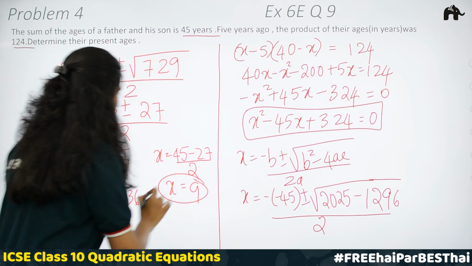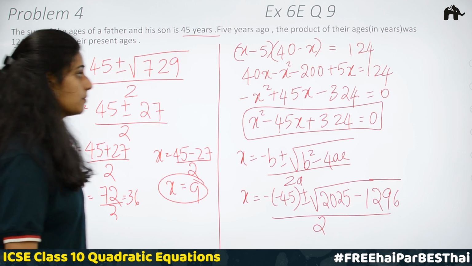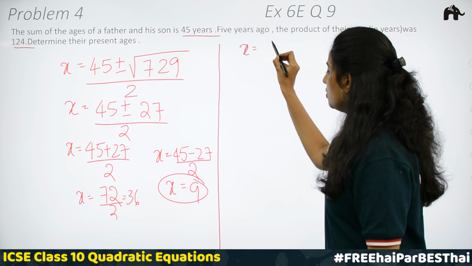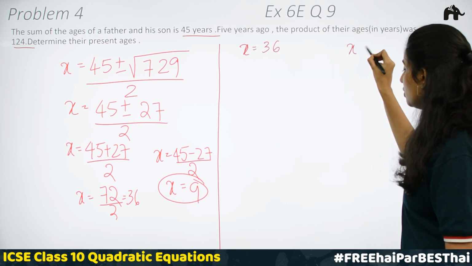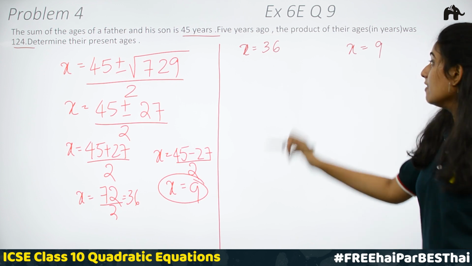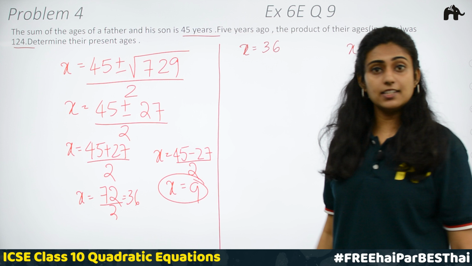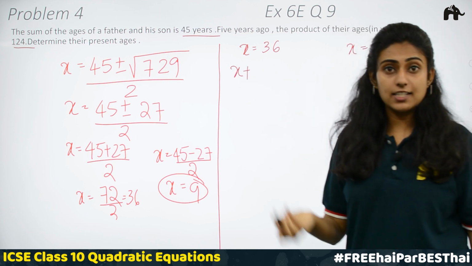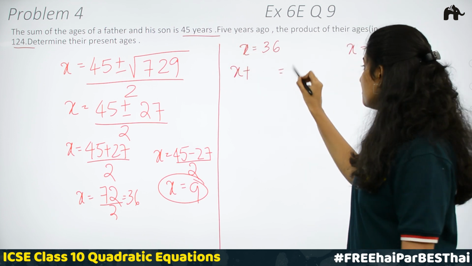We got two values for x, where x is the present age of son. We have two cases. One is when x is equal to 36 and the second is when x is equal to 9. Okay. When x is equal to 36, what is father's age? We know x plus father's age will be equal to 45.